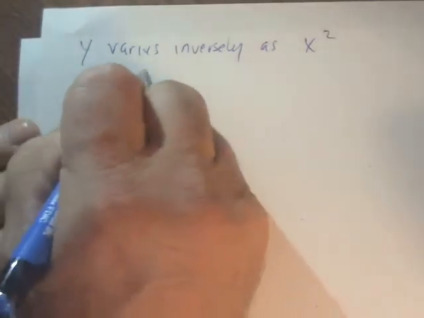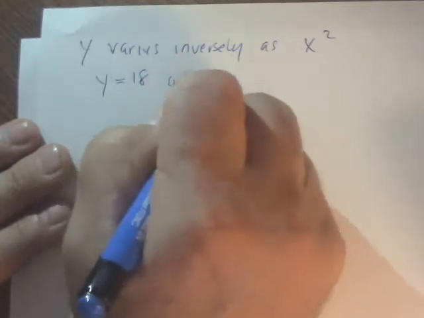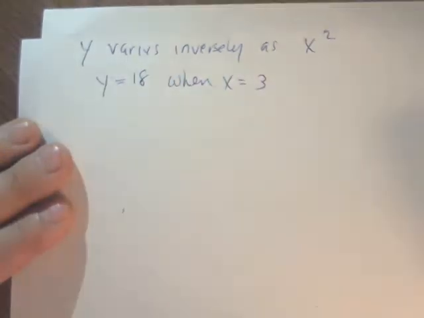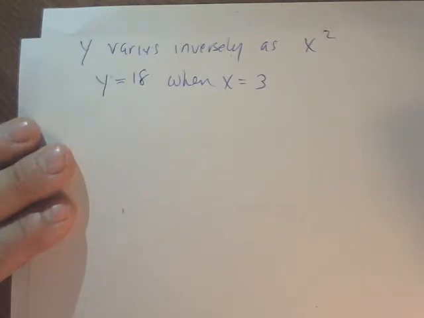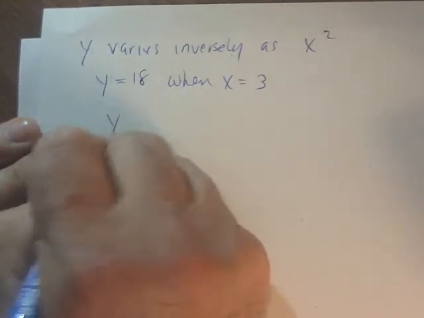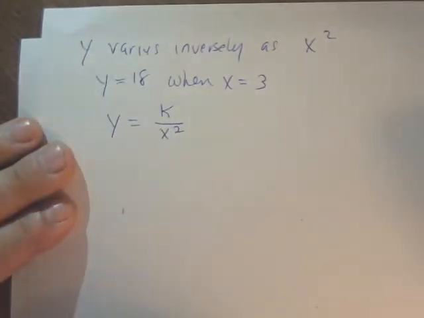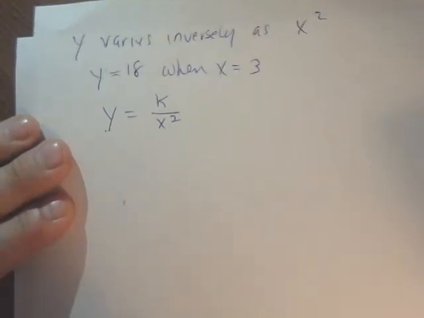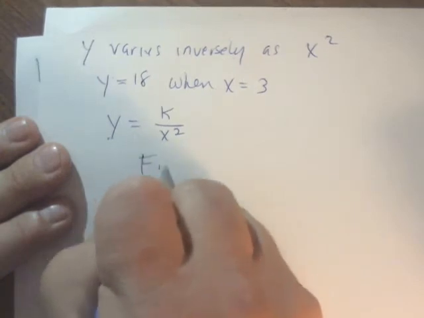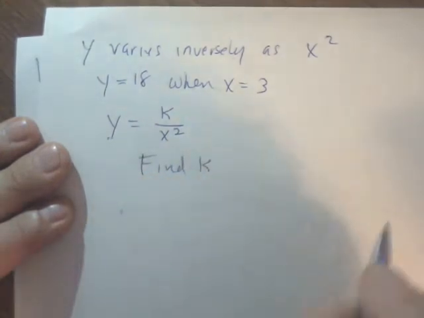So y is 18 when x is 3. So my inverse variation equation is y equals k over x squared. So I now must find my k.